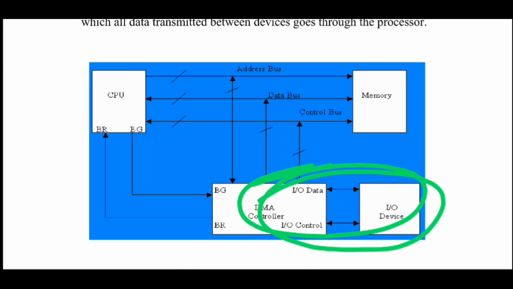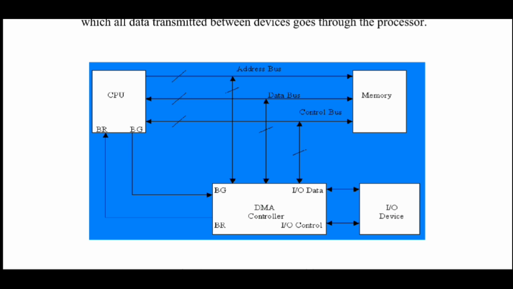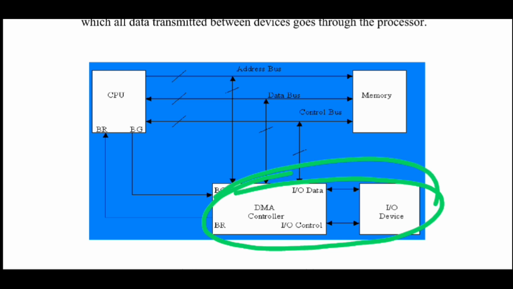Or, in later generations of systems, each IO device may have its own dedicated DMA controller. You have to notice these two things: a universal controller for every IO device, or a dedicated DMA controller for each IO device.